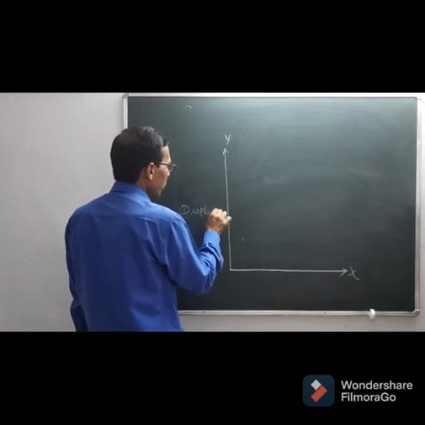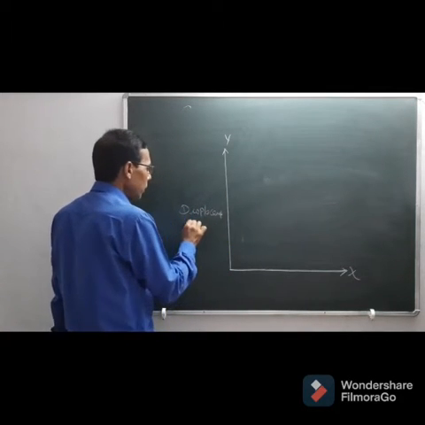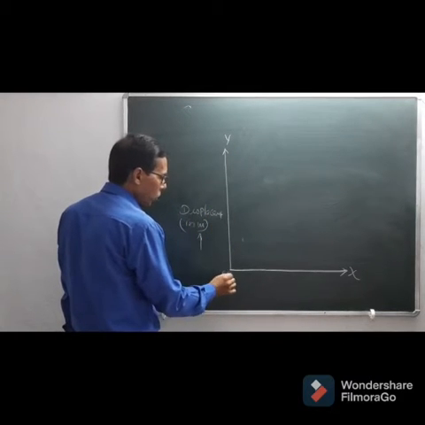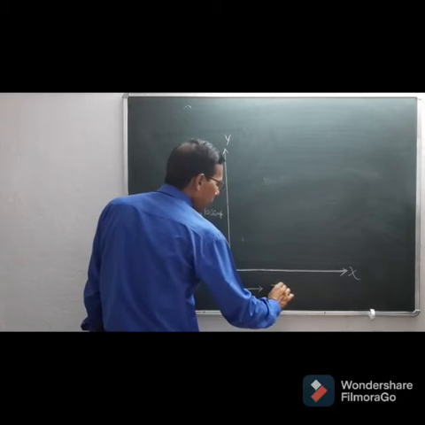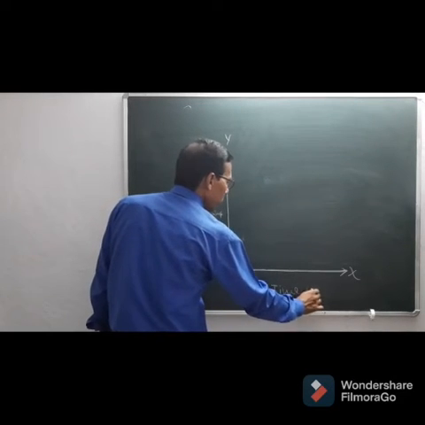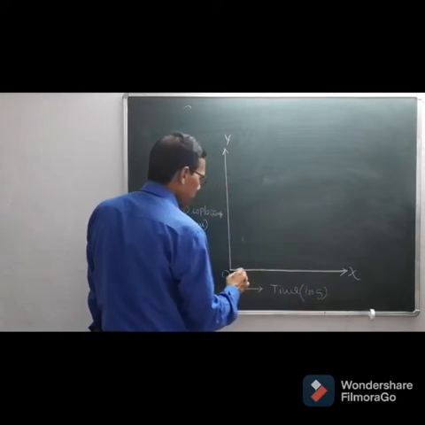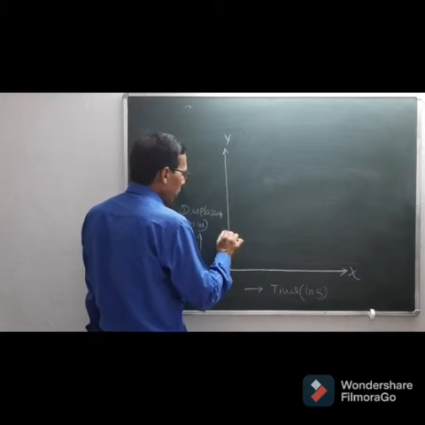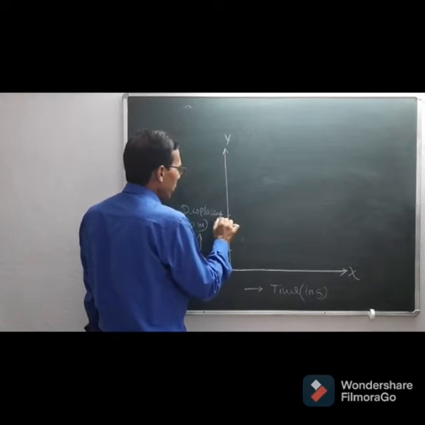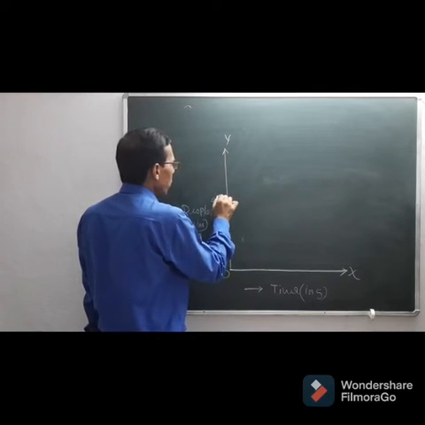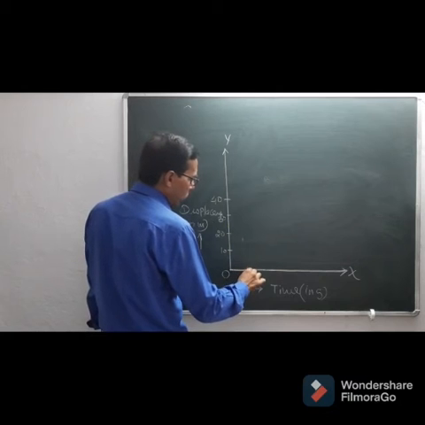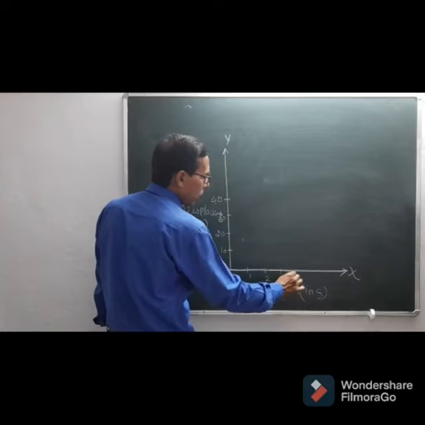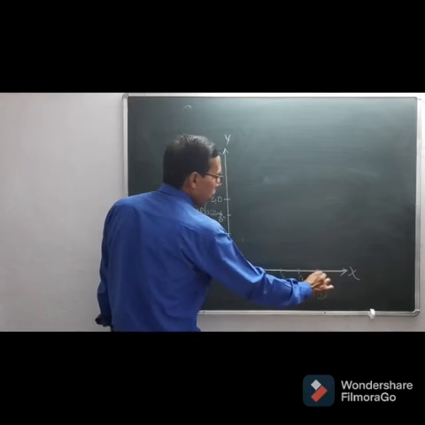Displacement in meter is taken along y-axis, this is origin, and time in second is taken along x-axis. Displacement is 10 meter, 20 meter, 30 meter, 40 meter, and time is 1 second, 2 second, 3 second, 4 second and 5 second.